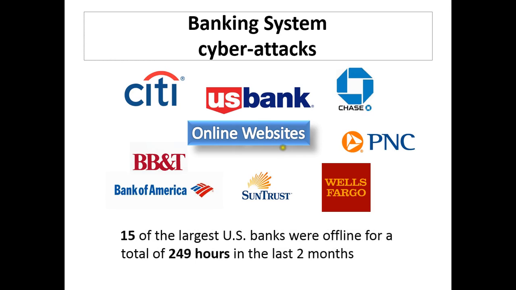These banks reported denial of service attacks, which disrupted their websites by slowing down or even blocking access to consumer-facing websites. The attacks on the US financial industry have resulted in 15 of the largest US banks being offline for a total of 249 hours in the last 2 months.